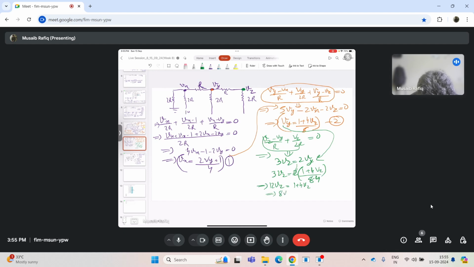That implies 8Vz is equal to 1. That implies Vz is equal to 1 by 8.